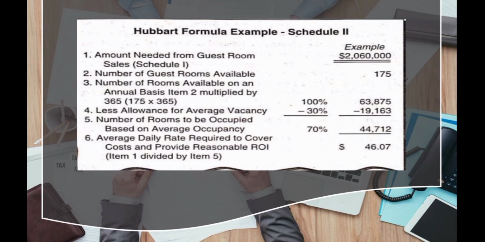In the example, an average occupancy has been figured at 70%. From the given example, we have guest rooms available, 175.